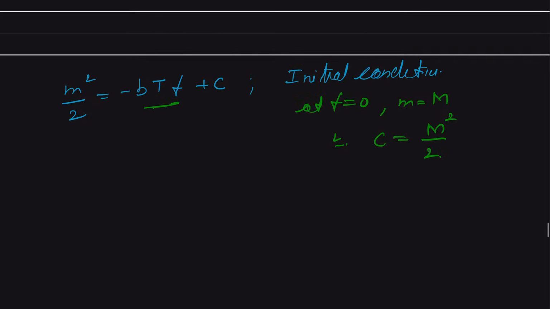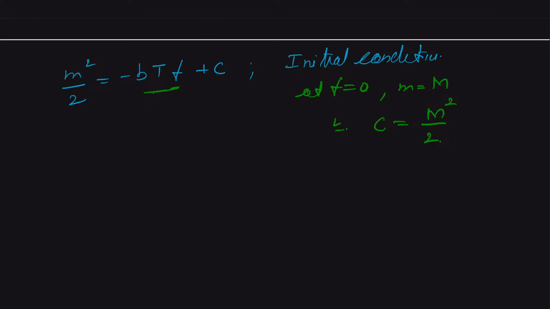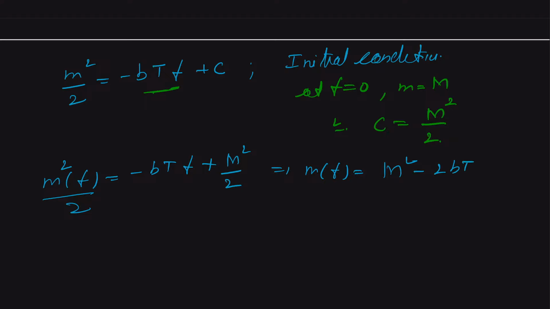And therefore we can write the equation: m of t is equal to the square root of M square minus 2bT t. So this is mass at any given time t.